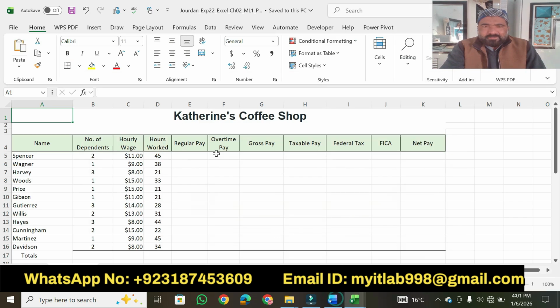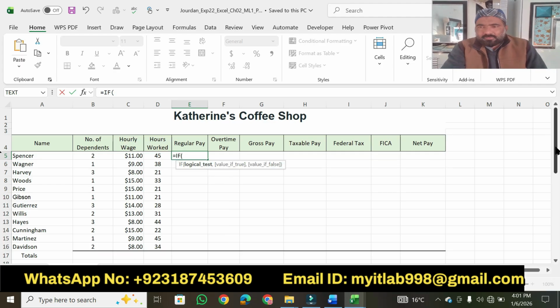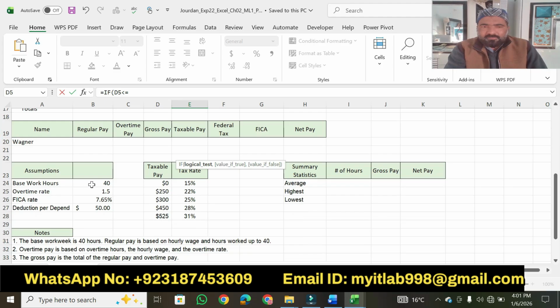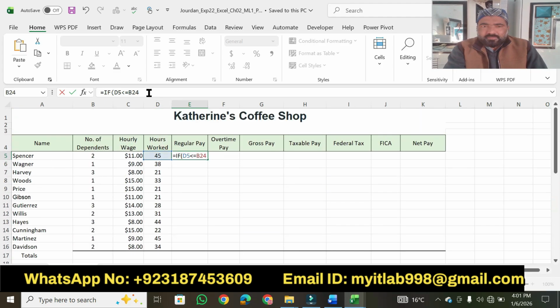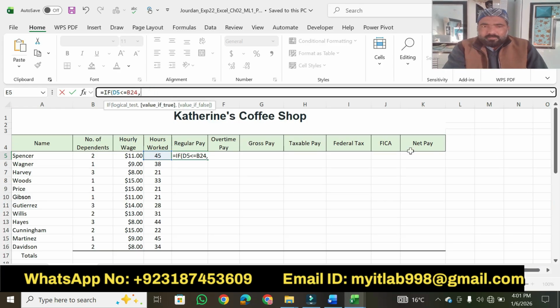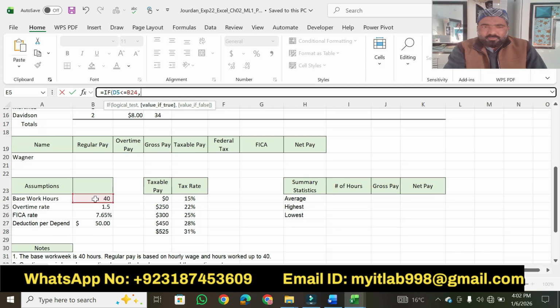Let me move to the Excel sheet. Here, equal IF formula. Now, if the hours worked are less than or equal to the regular basic hours, and this condition is true, then we have to return B24.